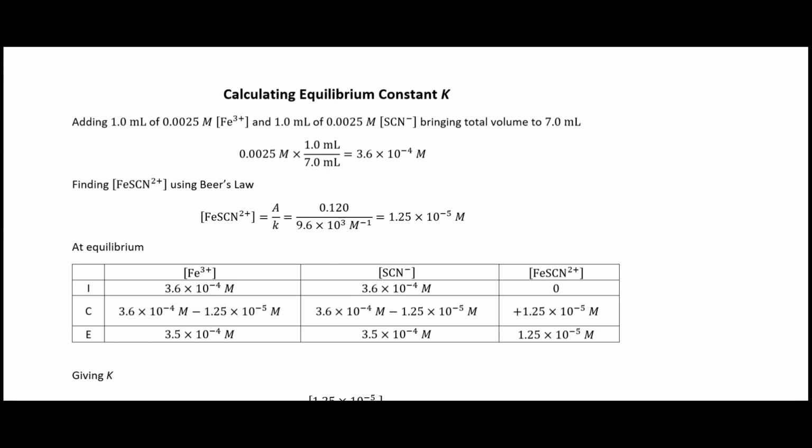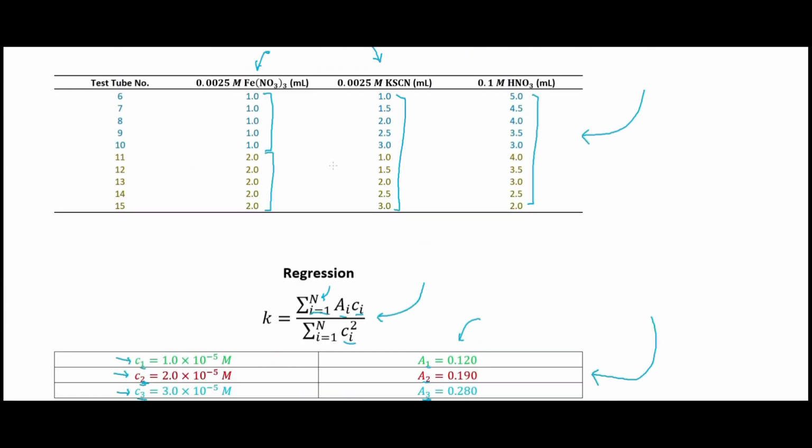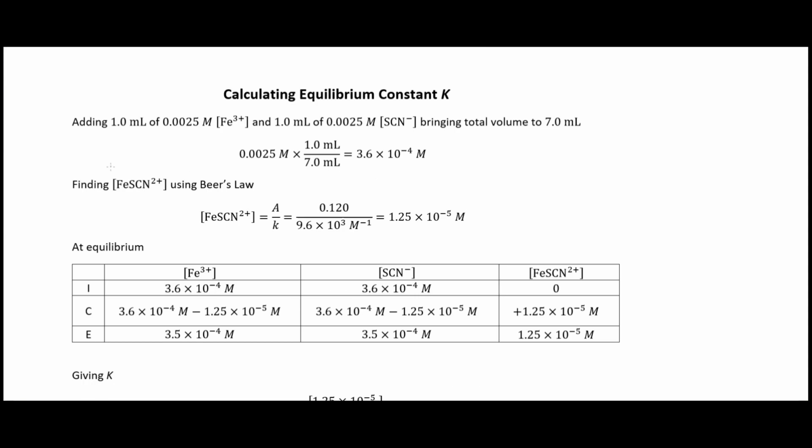So this is going off of my sort of made up data up above. And so remember up here, if we're looking kind of right here, we're adding in this first part 1 milliliter of each of them. So we're adding 1 milliliter of our Fe3 plus, and then 1 milliliter of our thiocyanate here.